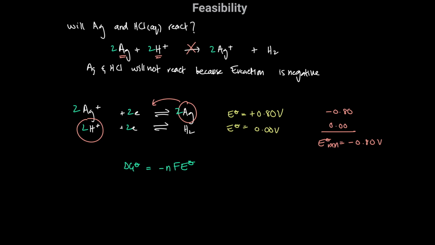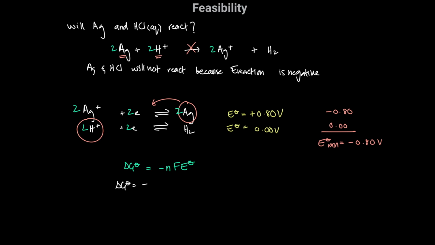Looking at the stoichiometric coefficients, we have 2 moles of silver reacting with 2 moles of H+. That means the 2 moles of silver are losing 2 moles of electrons, and 2 moles of H+ would have been gaining 2 moles of electrons if this reaction were to take place.